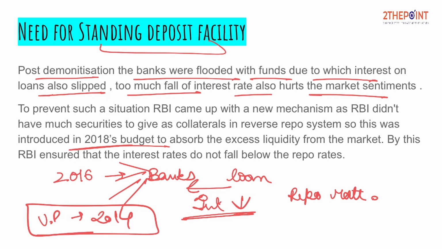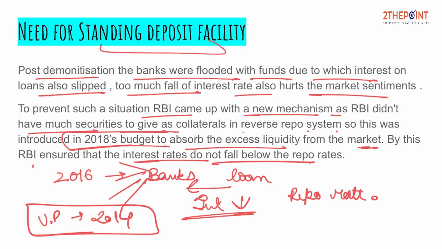To prevent such a situation, RBI came up with a new mechanism, as RBI didn't have many securities to give as collaterals in the reverse repo system. So this was introduced in the 2018 budget to absorb the excess liquidity from the market. By this, RBI ensured that interest rates do not fall below the repo rate. I hope it is clear.